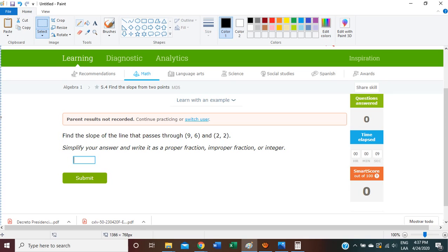Remember, 2 minus 6 equals negative 4. 2 minus 9 equals negative 7. Okay, so negative divided by negative equals positive, so the result is 4 divided by 7.